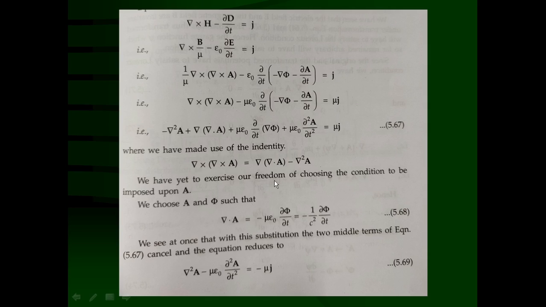We have yet to exercise our freedom of choosing the conditions to be imposed upon A. We choose vector potential A and scalar potential phi such that the relation between them, divergence of vector A, is equal to minus mu epsilon 0 del phi upon del t.